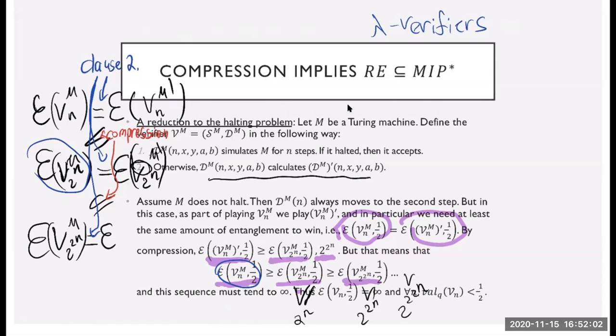And this epsilon of V_{2^n} is in fact the minimum between V_{2^n} and 2^n, or the max. It is at least both of them. So it's at least 2 to the n, and then at least both of them, right?